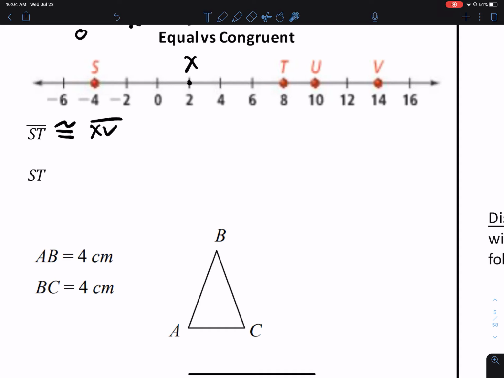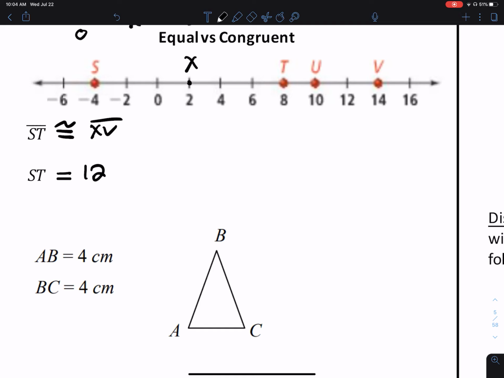This is the congruent symbol. If I wanted to use an equal sign, if I wanted to say ST is equal to something, ST is referring to the length. Equal sign is referring to a number. So this is a number. What number is the length of ST equal to? Well, as we said at the beginning, it's equal to 12 in length.